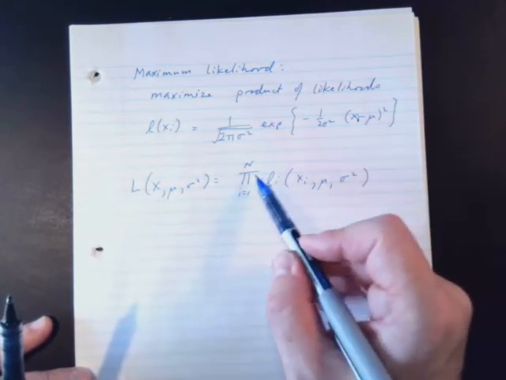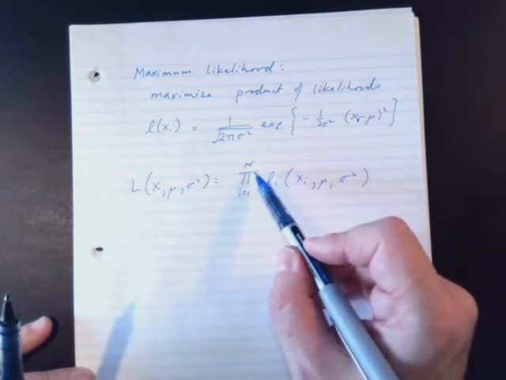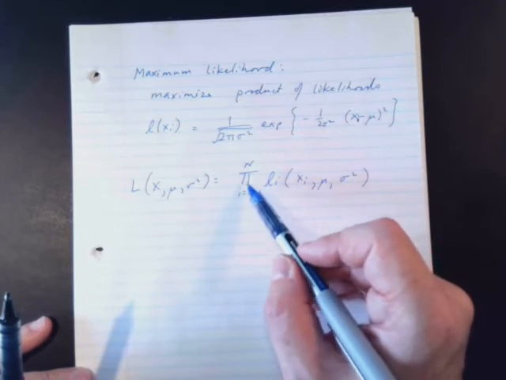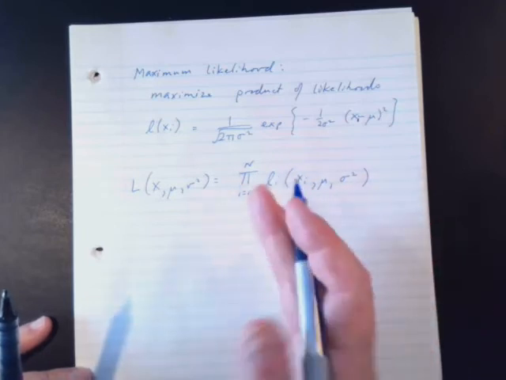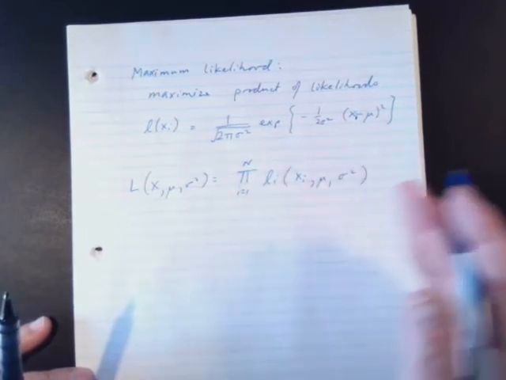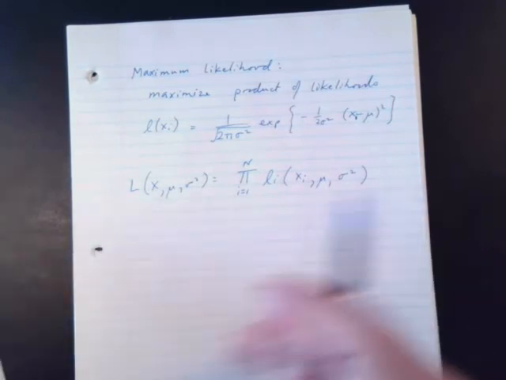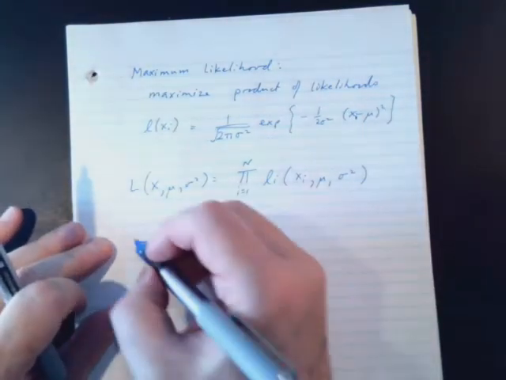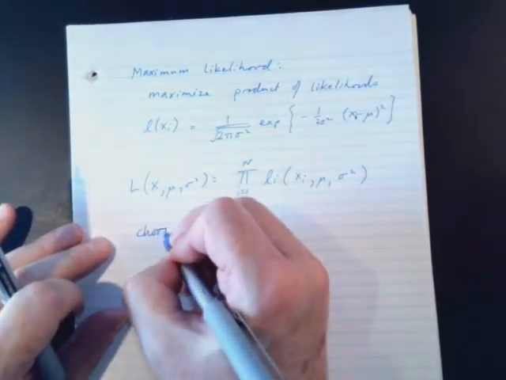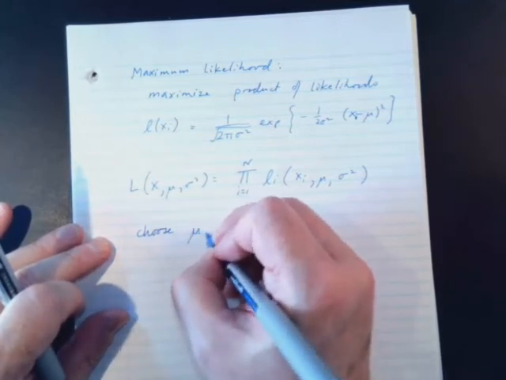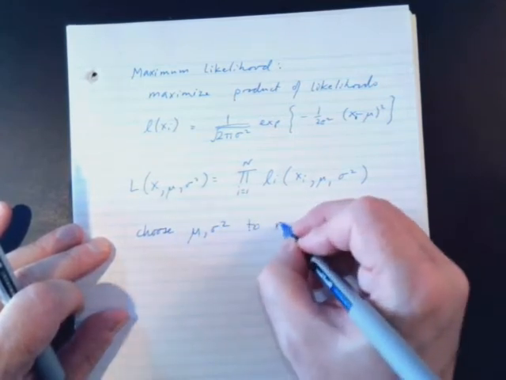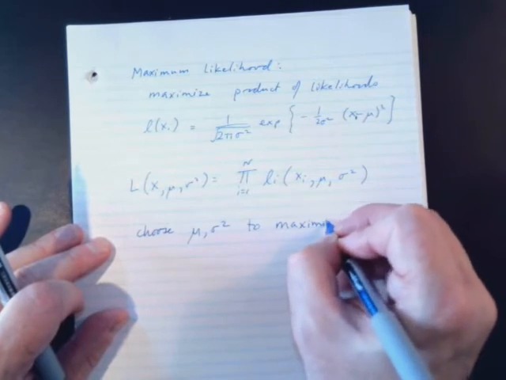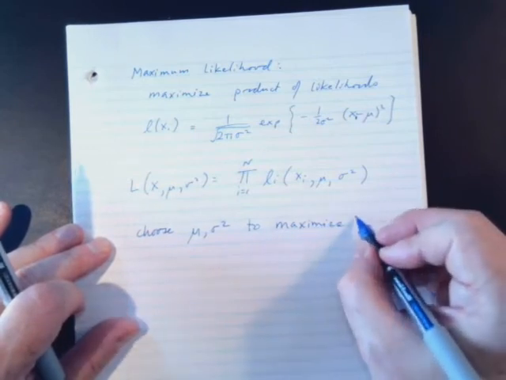If we were going to add them up, that would be a giant sigma, but the capital pi means it's the product. It's one times the other. Okay. So now our problem is to choose mu and sigma squared to maximize L.